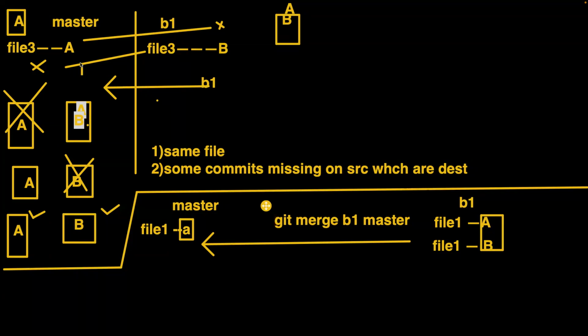You are just bringing A to B1. You don't get a conflict. Okay, thank you. Is the first scenario clear for all? This is the first scenario where you get a conflict. This is the second scenario. Even though the file name is same, you don't get a conflict here.